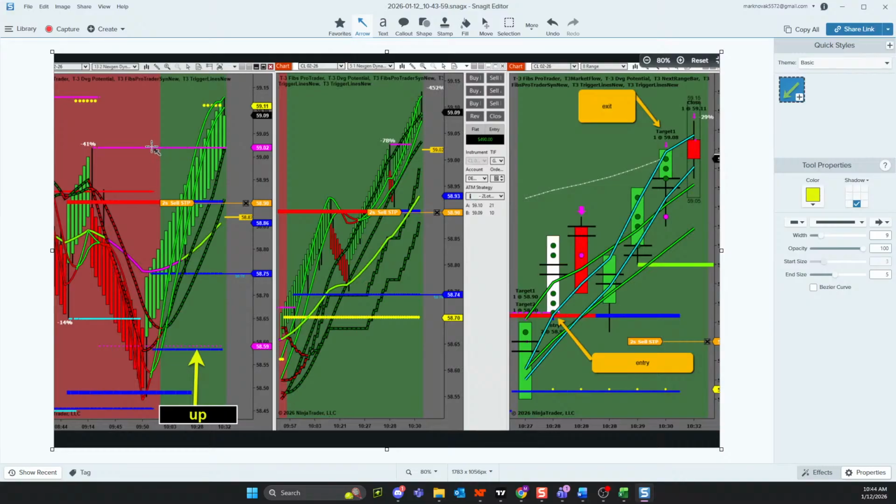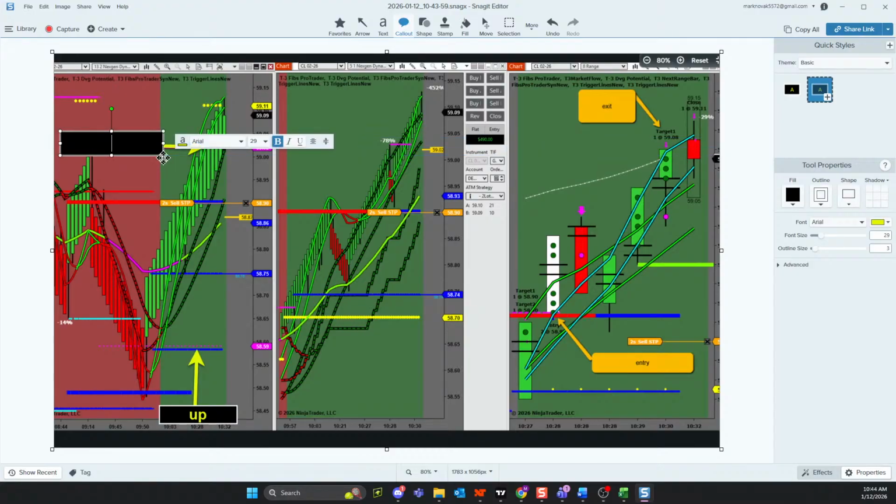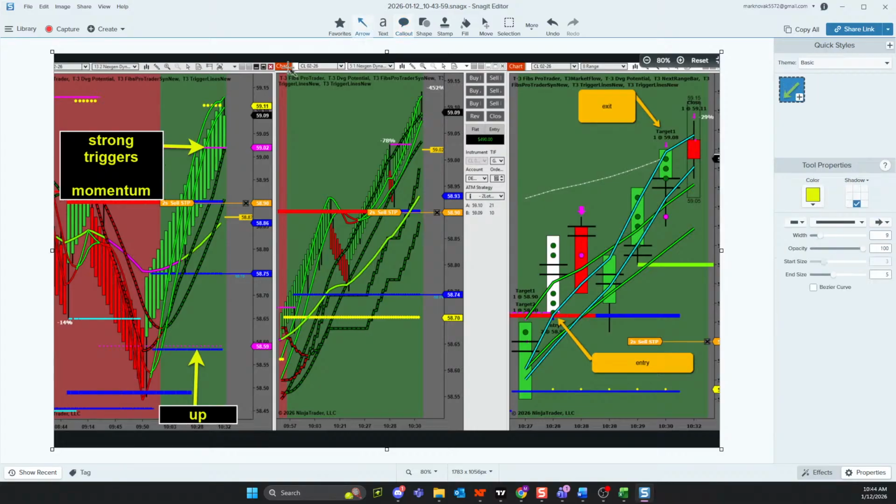Now, Marika, do you recognize separation between the small and large? And that's rule number one met for a trend trade. That is strong triggers. That is momentum. Okay. So here, I'm going to write it out.